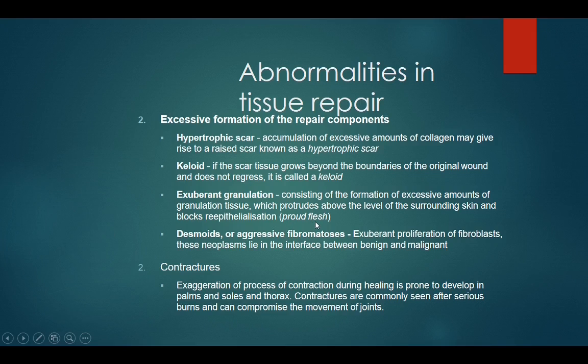It is called proud flesh because it comes out of the boundary and forms tissue. Generally it needs resection and sometimes cautery also, to cauterize the granuloma tissue for it to heal. So this is the exuberant granuloma.